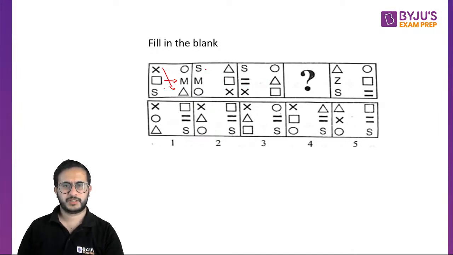This moved this side and this moved cross. S went this side. O came this side, but this is not happening in this.